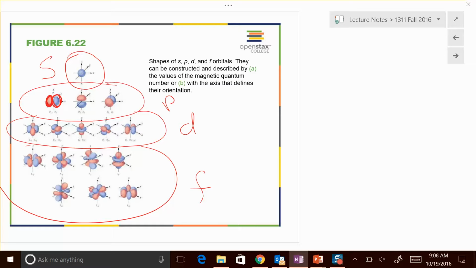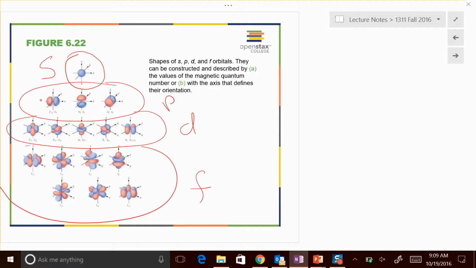But it's no longer in the spherical shape; they're orbiting more in this dumbbell shape, and they can be found anywhere in that space. Look at how many p orbitals there are. There are 3 p orbitals.